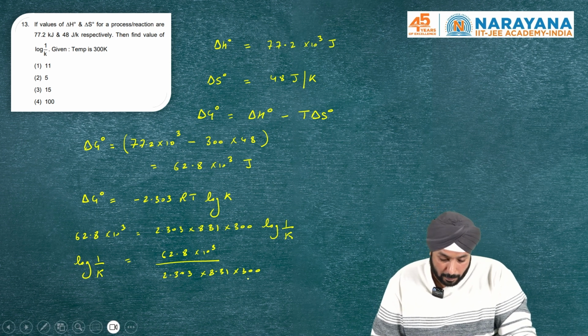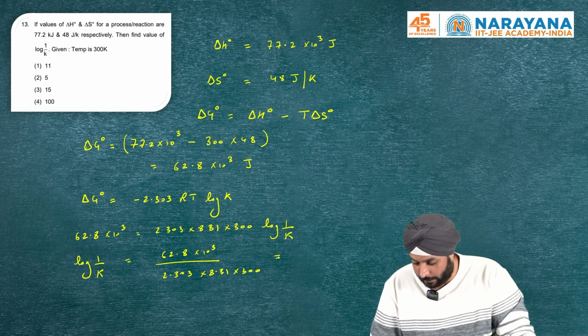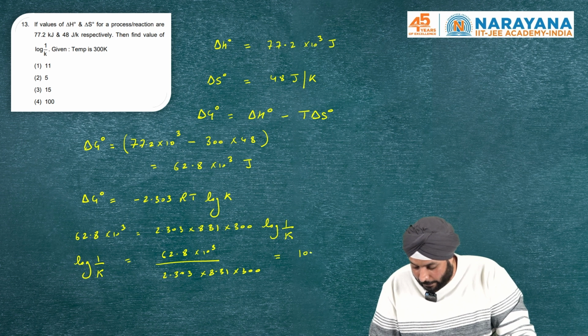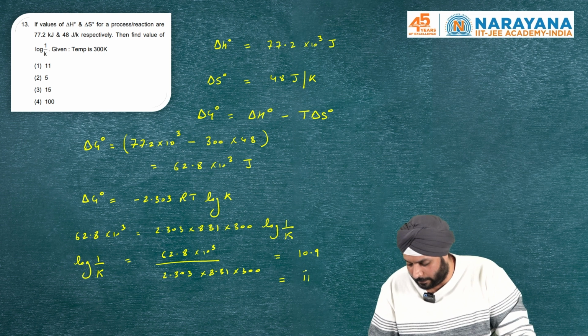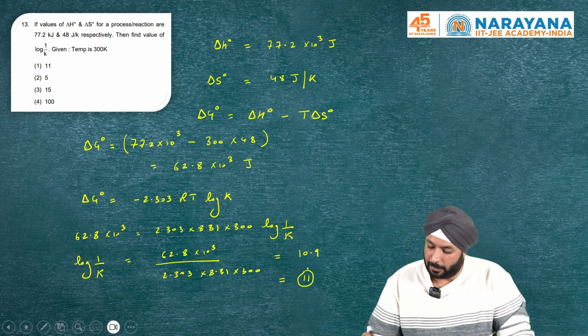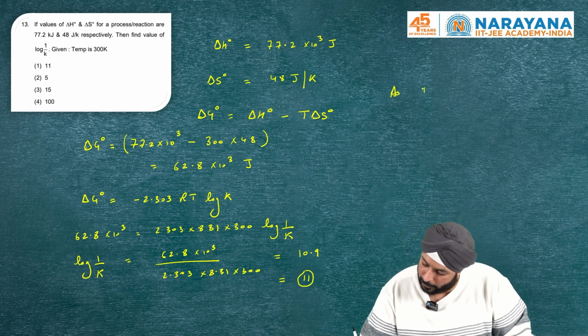That overall comes out to be nearly 10.9. So the nearest integer comes out to be 11. So the correct answer should be 1.